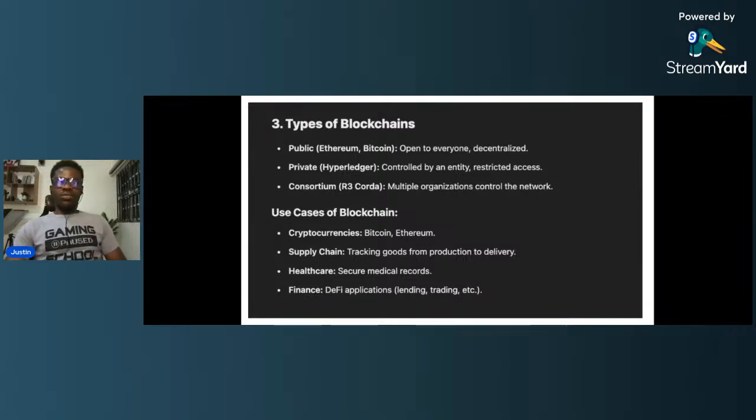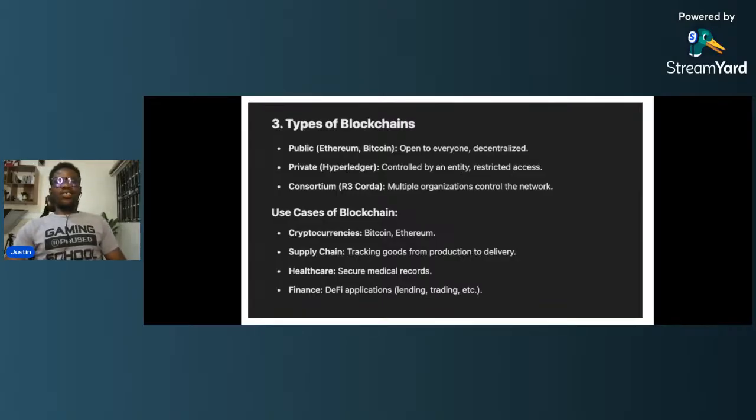We could use blockchain for tracking goods from production to delivery. When we buy drugs, we normally see on the back of the pack a panel to scratch to verify authenticity.